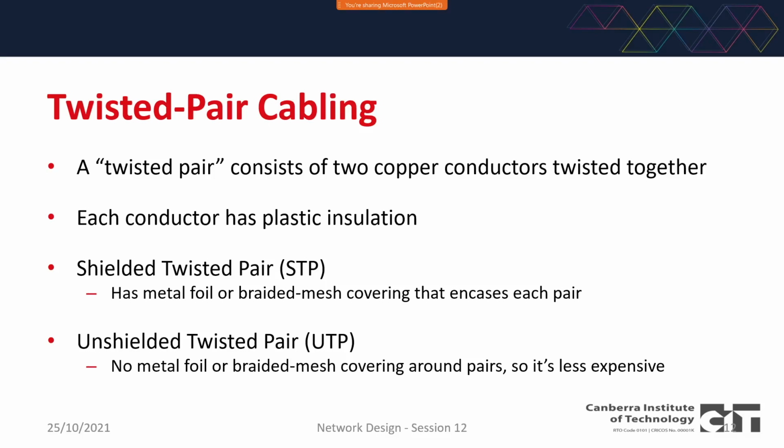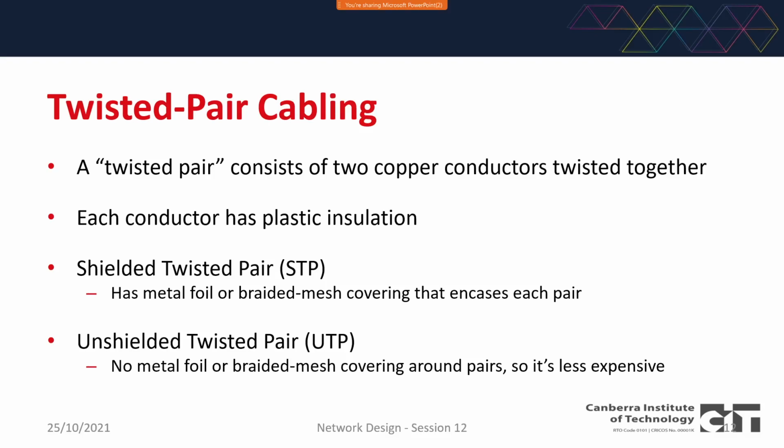That is to reduce something called crosstalk. Crosstalk is the interference from one wire into another. So the engineers came up with this twist between two pairs of wires, and the twist reduces this crosstalk interference.